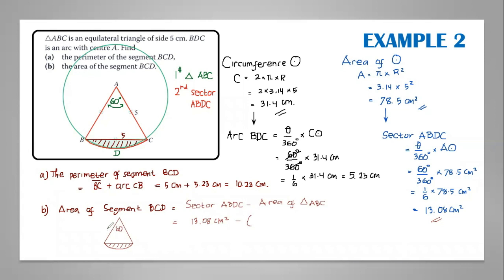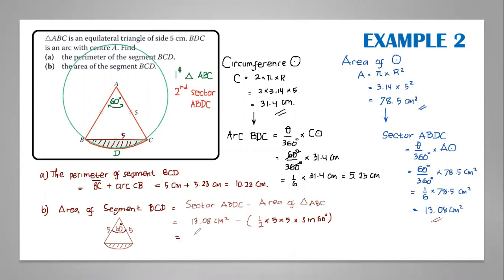We can use the sine rule, right? As you know, the area of triangle ABC by using the sine rule is a half times 5 times 5 times sine 60 degrees.